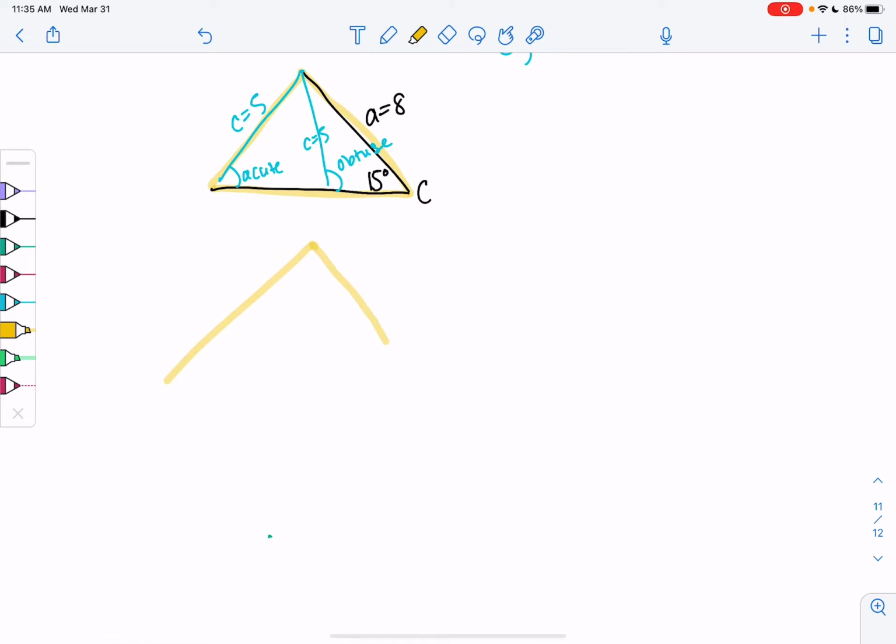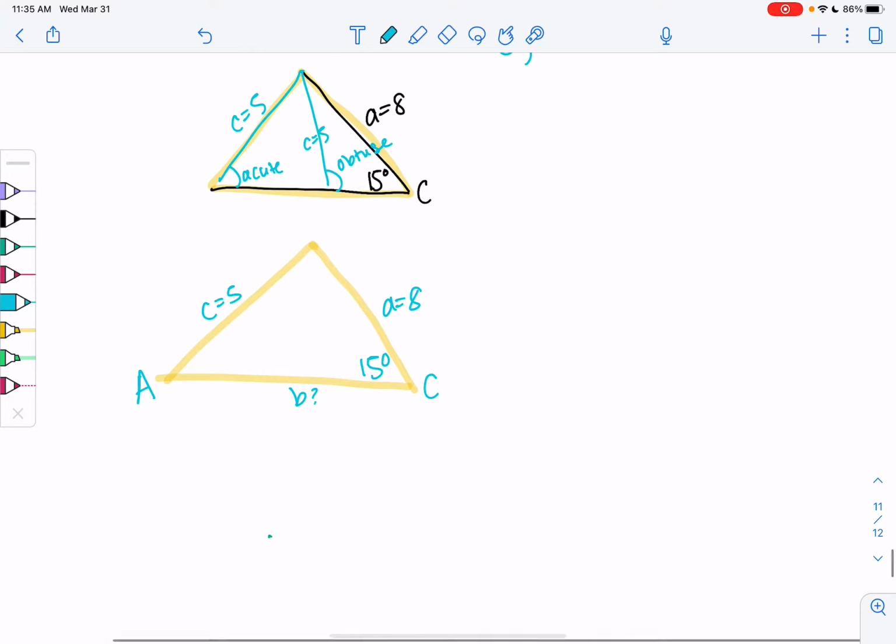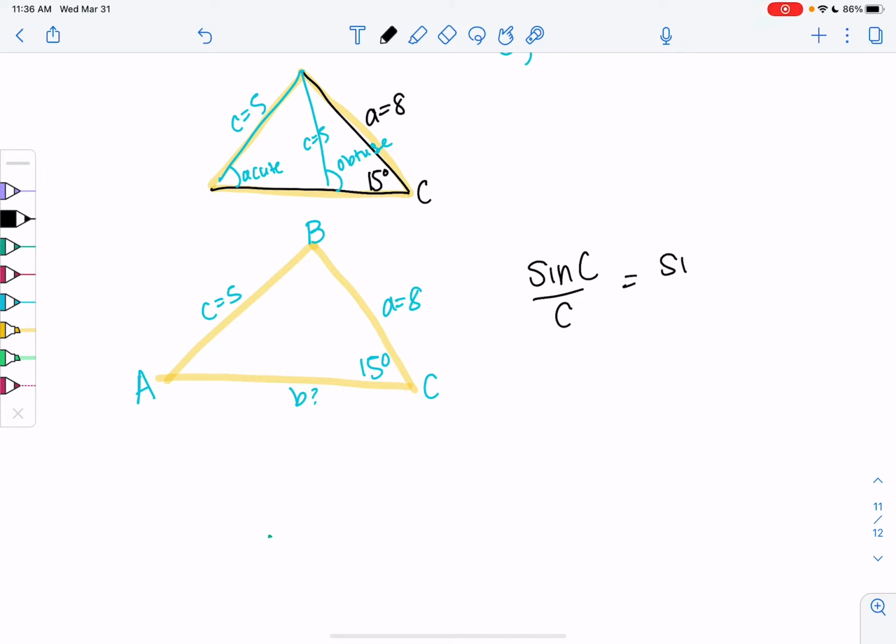So let's see, we have C is 15, a is 8, angle A is unknown, c is 5, and both B's are unknown. So when we start with law of sines, we'll use C and A because we know those. We don't know anything about B yet, so we'll ignore B. So we'll say sine of C over c is sine of A over a.